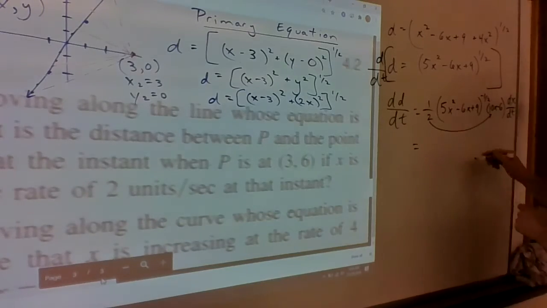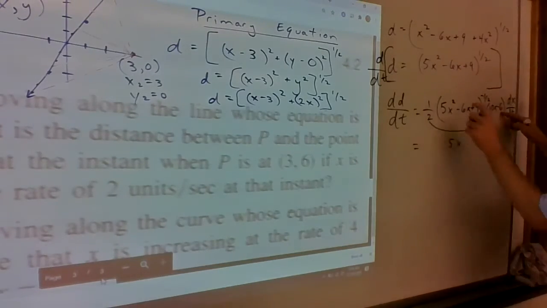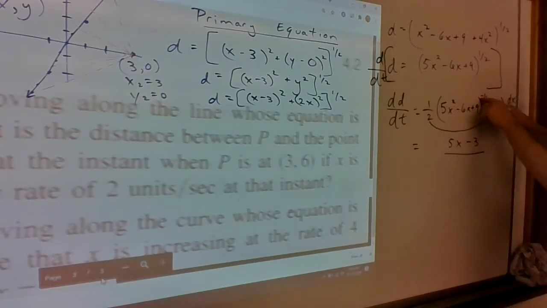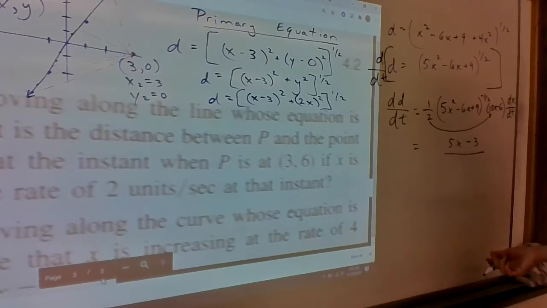Half of 10x is 5x. Half of negative 6 is minus 3. So that'll be the top part of my fraction. I can move this to the denominator because it's a negative exponent. And you know what? I'm just going to change it back to a root. The half power means a root. So it's the root of 5x squared minus 6x plus 9 on the bottom, times dx/dt.